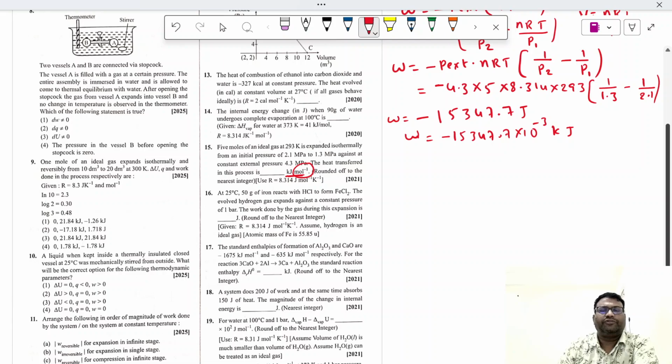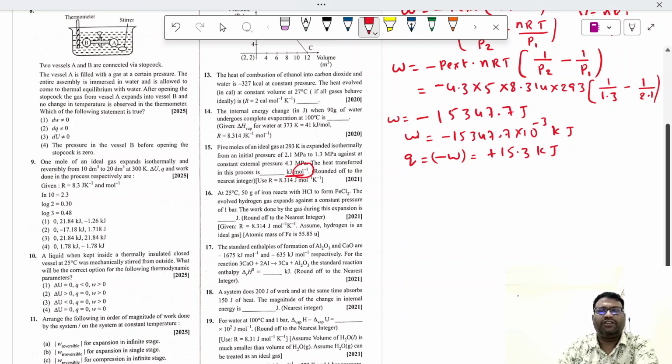So Q is equal to minus W, that is equal to plus 15.3, 15.35 kilojoule.